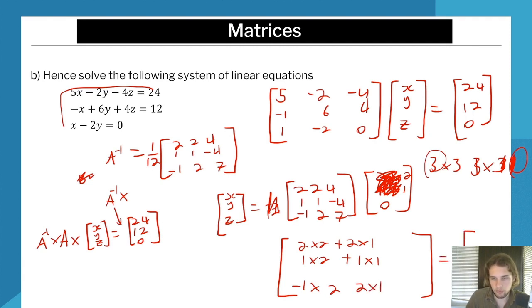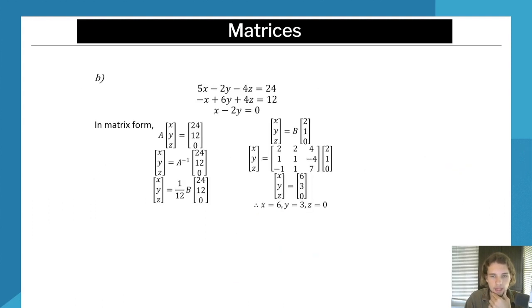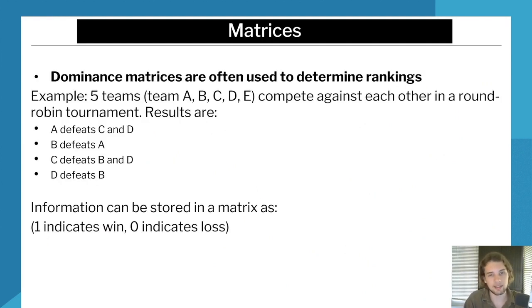This is equal to 6, 3, and 0. So that is the answer that we get from our simultaneous equations. We know that x, y, z is equal to 6, 3, 0. So x is equal to 6, y is equal to 3, and z is equal to 0. Now, there could be a mistake, but no, it looks like that's correct. It's very easy to make a mistake here. Luckily, there's lots of carry-through marks for questions like that in exams.